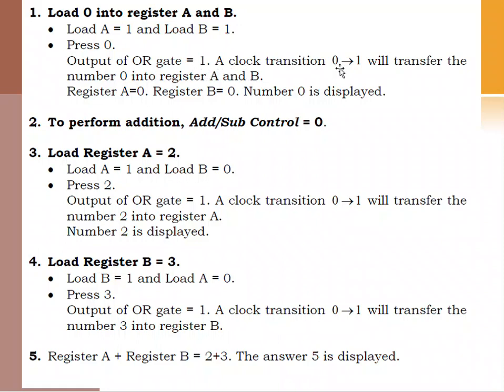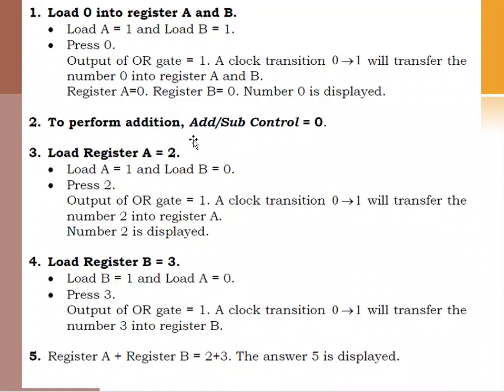A clock transition will transfer the number 0 into A and B. Kalau orang tu tekan 0, register A akan dapat nilai 0, register B pun akan dapat nilai 0. So, number 0 is displayed.